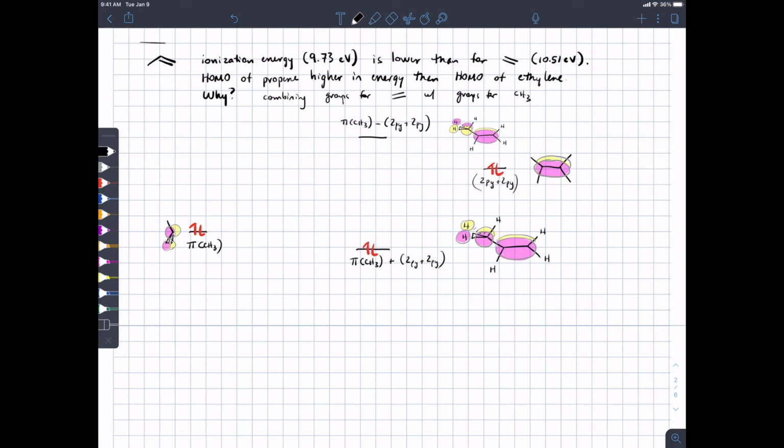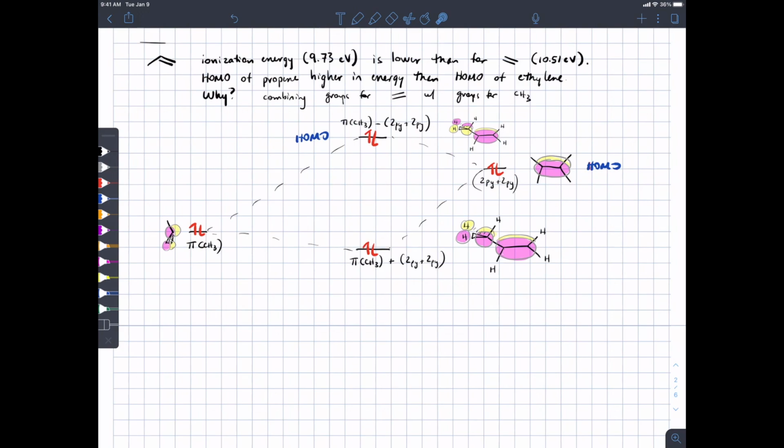So when you mix them together, you end up with the highest energy electrons that used to be the HOMO in ethylene that are now still the HOMO for propene only, and they are higher in energy.